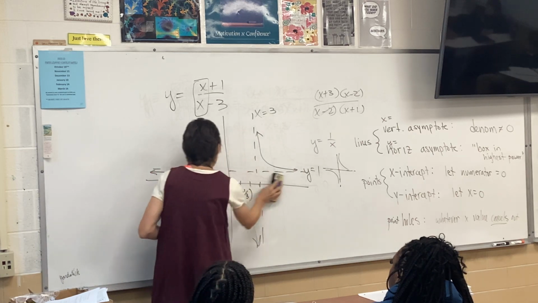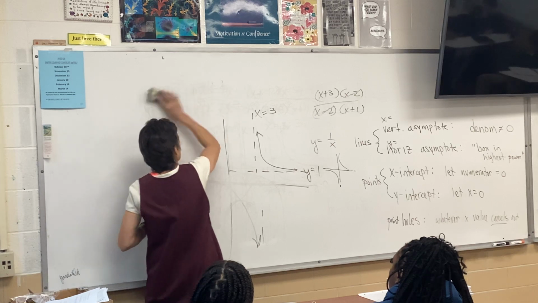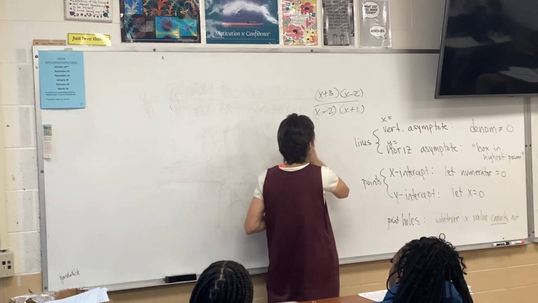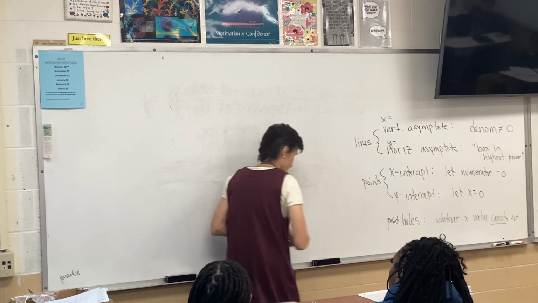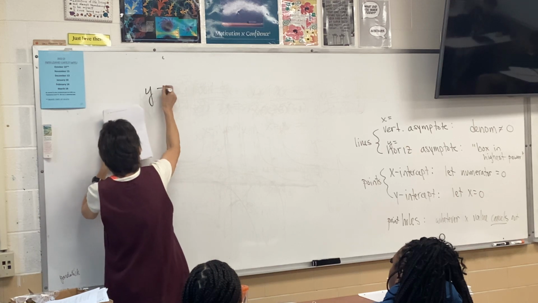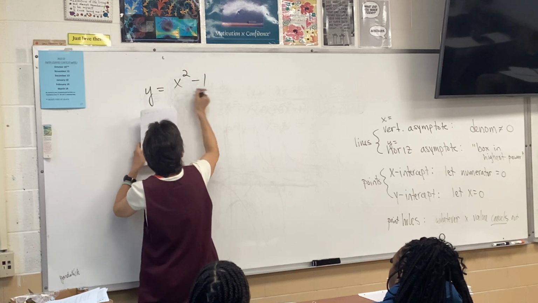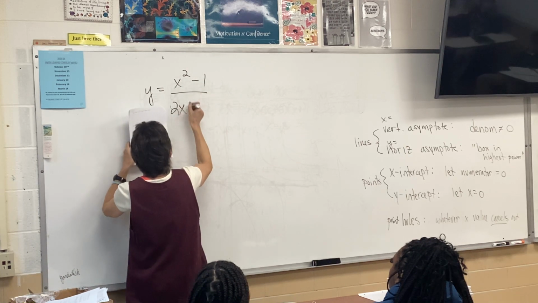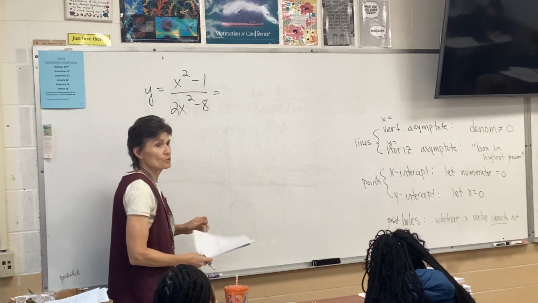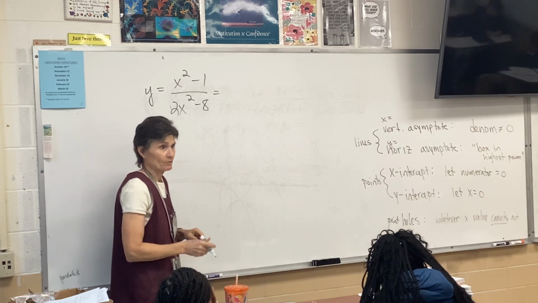All right, let's look at the next one because it is bigger. I don't think it's necessarily going to be any harder, but it is definitely bigger. What do you think we ought to do first? Oh, yeah. Yep, if it factors, you want to factor it.